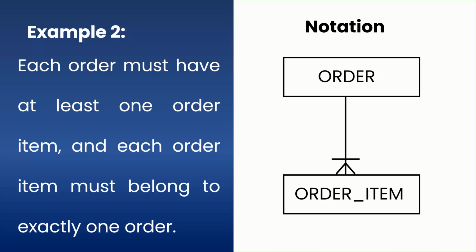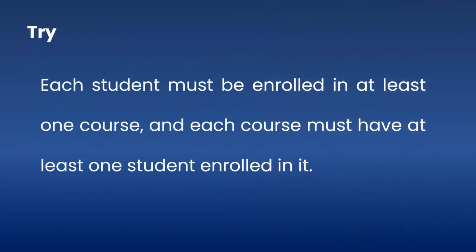And for the item, order must belong to exactly one order, so 1, 1. Then you write the relationship verb, thus have or belong. What type of relationship is here? That's 1 to many. Now try these examples on your own to check your progress.